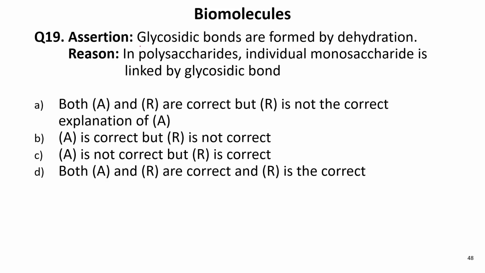Next question. Glycosidic bonds are formed by the dehydration. Yes, glycosidic bond is formed by the removal of a water molecule, that is called dehydration.